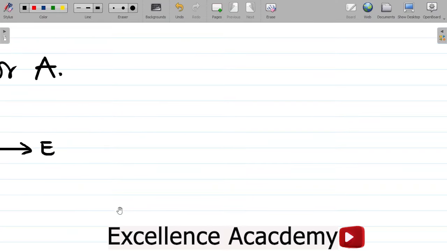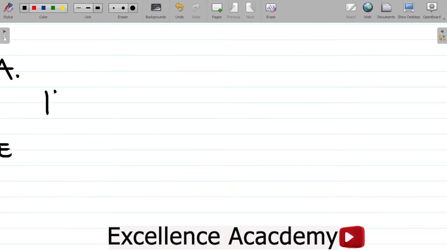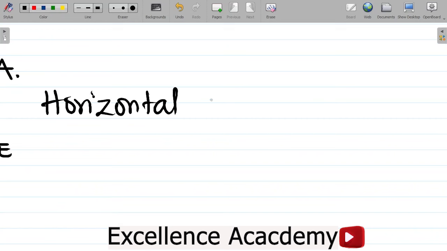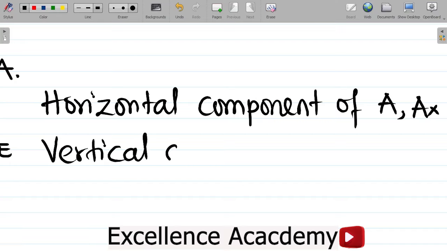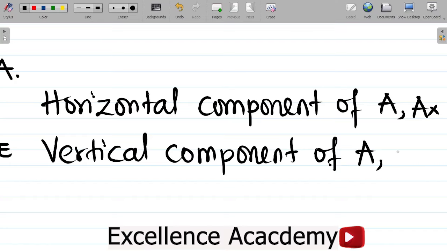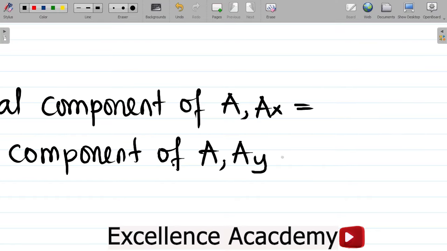Let's get the horizontal component and vertical component of A. The horizontal component of A, that's A subscript X, all right? Also, let's look for the vertical component of A, and that's A subscript Y. So we have this. Let's get these values, okay?